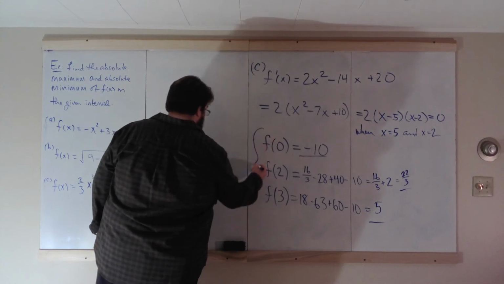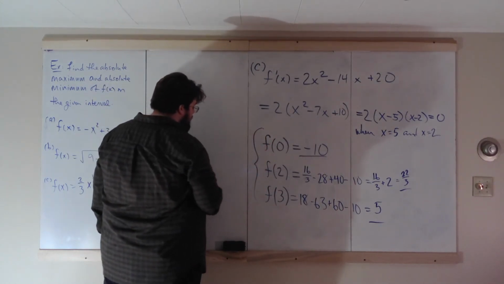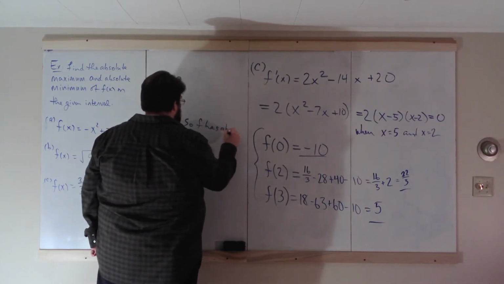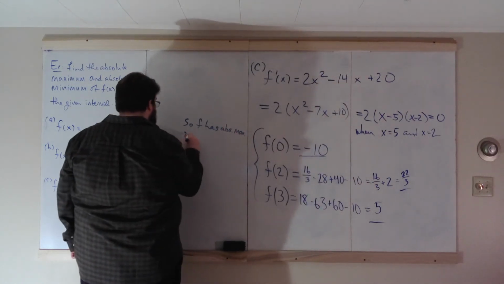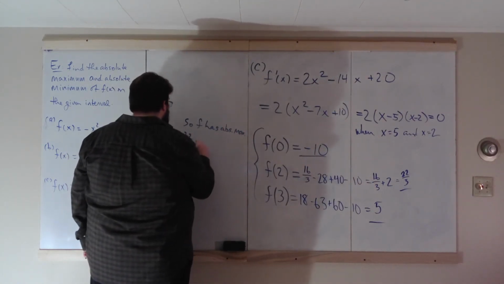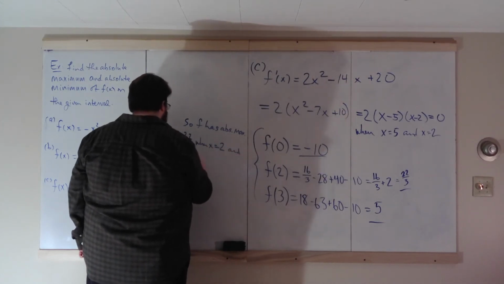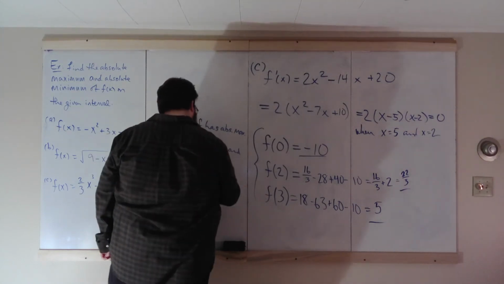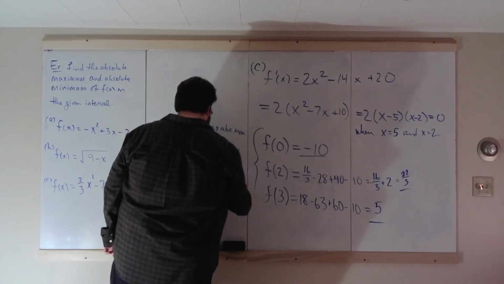So I'll say that curly brace started out nice, but the bottom half isn't that nice. So f has absolute maximum, largest value, 22/3, 7 1/3, when x equals 2, and absolute minimum, -10, when x equals 0.